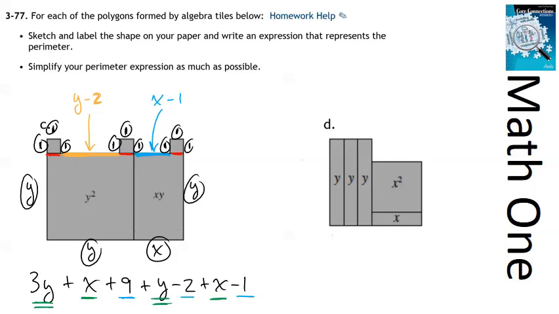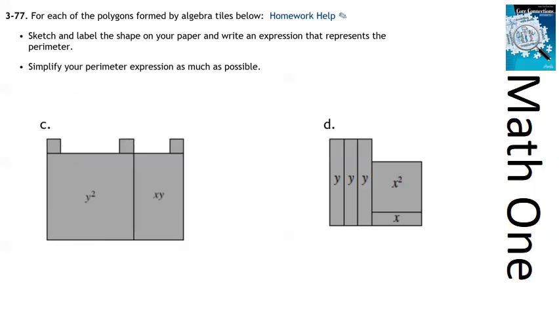So if I collect those like terms, 3y plus a y makes 4y in total. And then my x's, I've got plus an x plus another x, which is plus 2x. And then finally my numbers, I've got 9 minus 2, which is 7, and 7 minus 1, which is plus the number 6. So this is the expression for the perimeter that is simplified as much as possible.